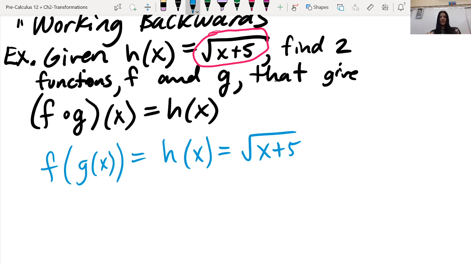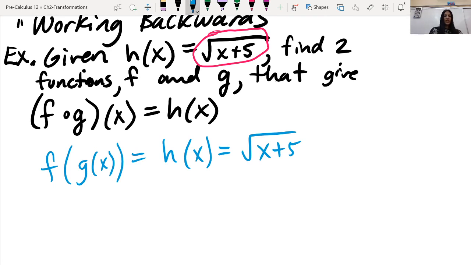Like, what is something I could substitute into another function in order to come up with this? What I have found over the years that makes this easier to wrap your head around, for me anyways, is I like to start with, or I ask myself, what is the bigger function? What is the main function that we're looking at? So when I look at this, what stands out to me is the root sign.